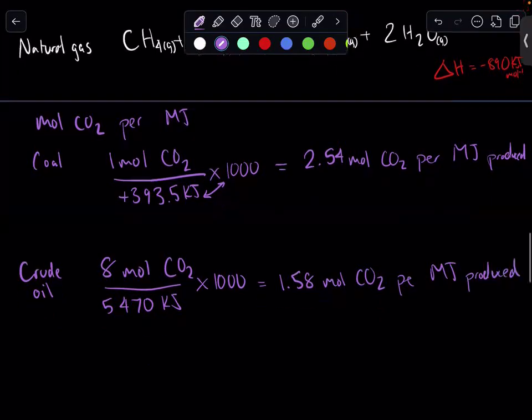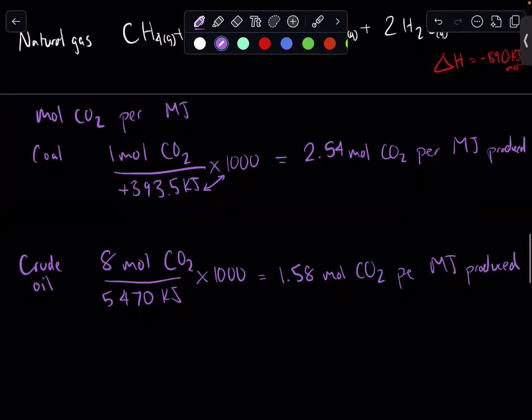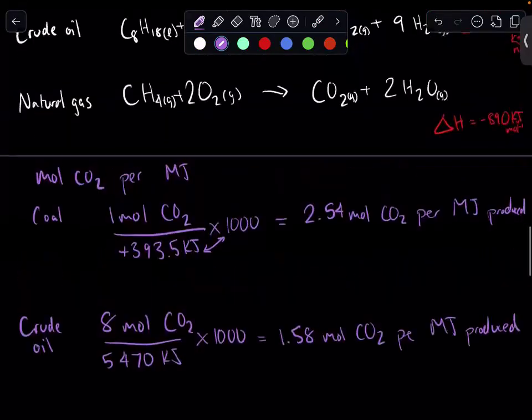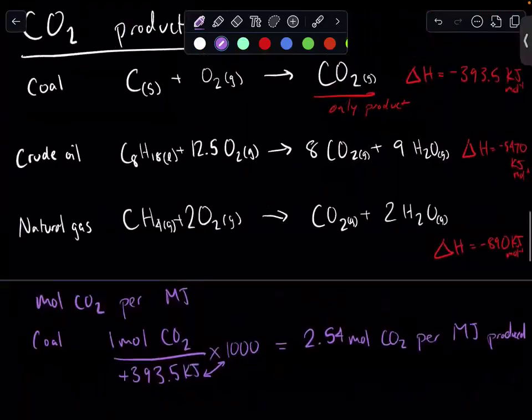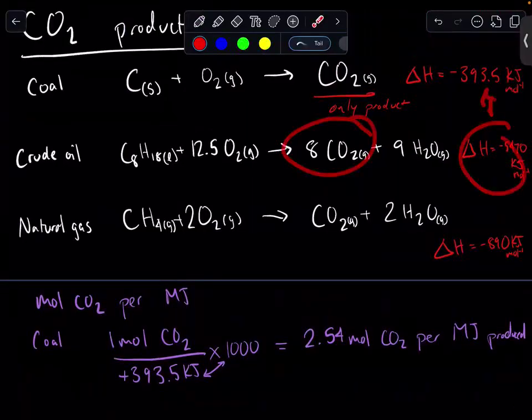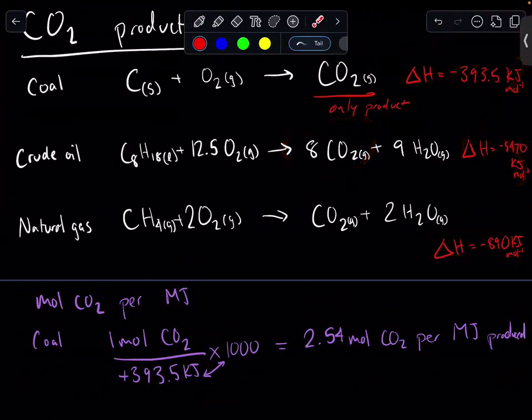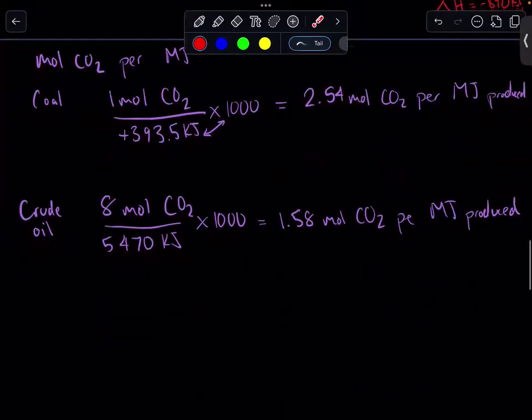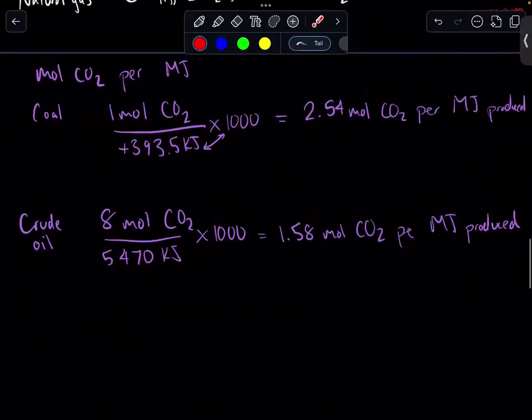So we can see that crude oil actually produces a lot less carbon dioxide for the energy it makes. While it makes more carbon dioxide in general per molecule, when we compare it to the actual energy production, it is more efficient at producing less carbon dioxide. So we might see that crude oil is a little bit better than coal in terms of combustion.